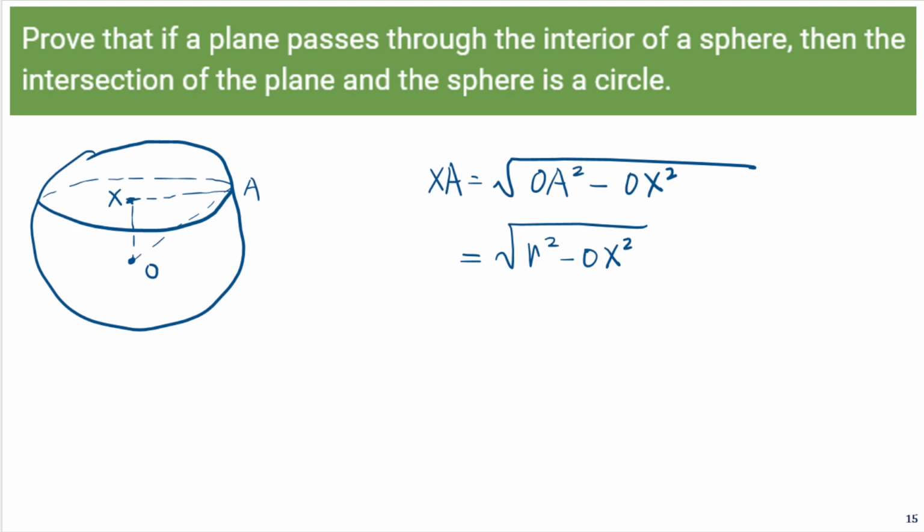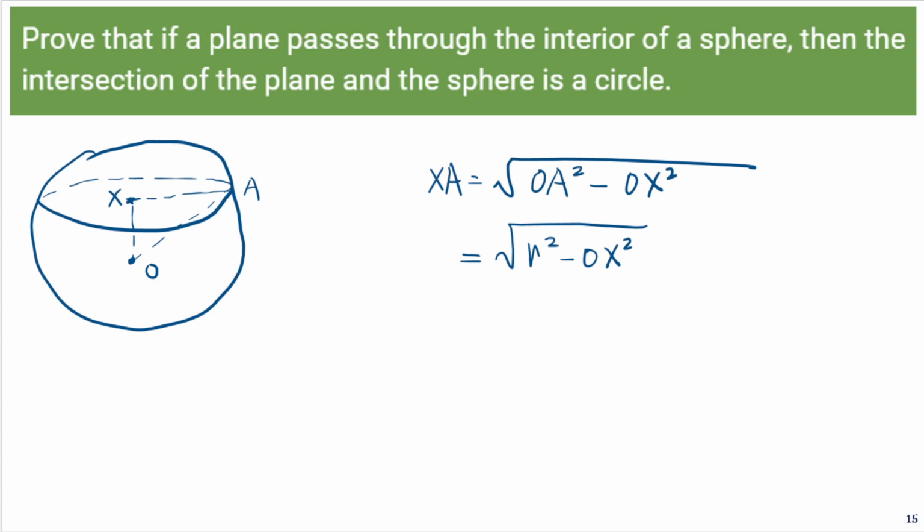Similarly, every point where the surface of the sphere meets plane P is the same distance, the square root of R squared minus OX squared, right, from X. Hence, the intersection of the plane and the sphere is a circle in plane P, with center X and radius square root of R squared minus OX squared.